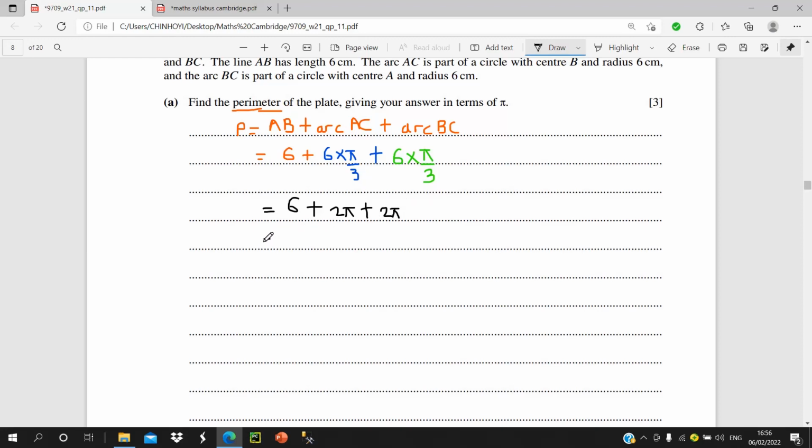So if we simplify this, we are going to see it's 6 plus 4 pi. So this is the answer in terms of pi. You leave it as it is. So the answer is 6 plus 4 pi. That is the answer for that.